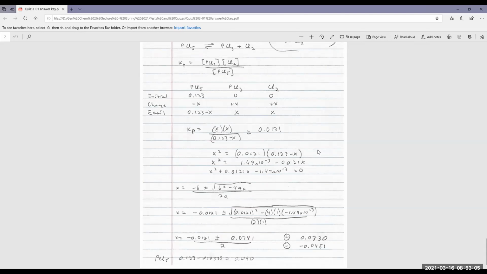So any questions about the quiz? Like I said, if you had any problems with these ones that use the quadratic equation, go back and take a look at them, work through the math to make sure you're comfortable with that and comfortable with using your calculator for it.